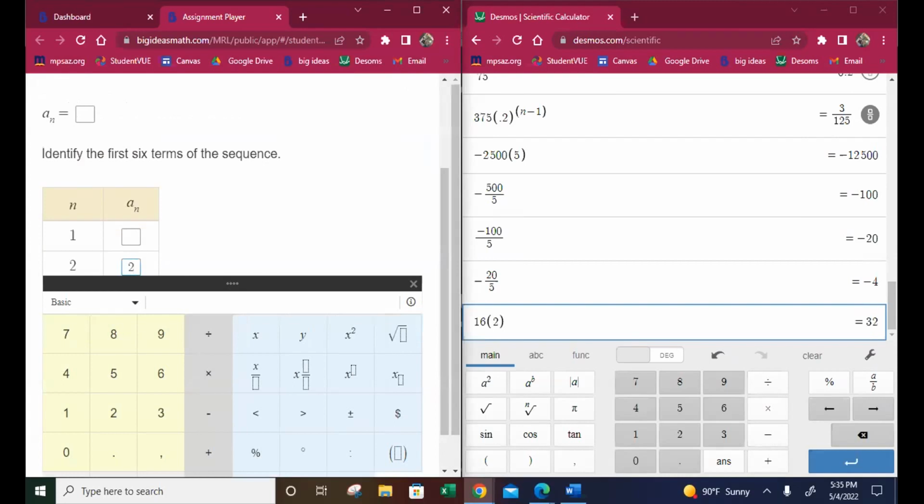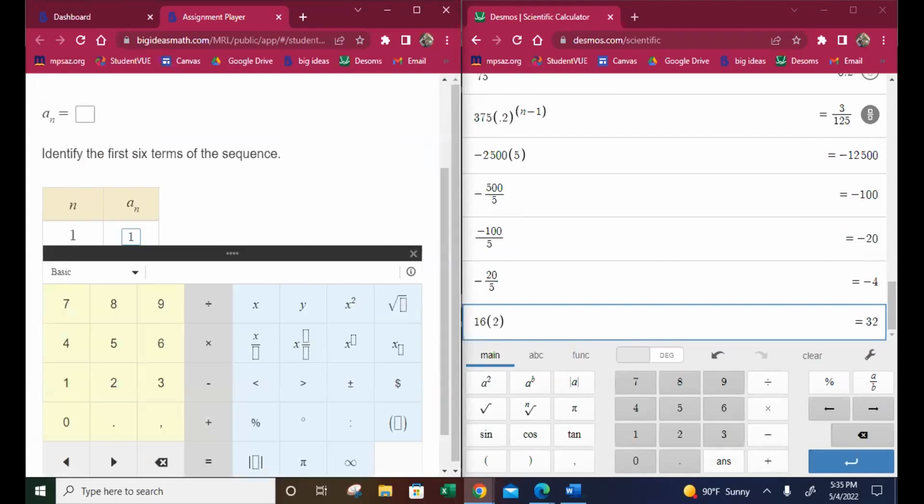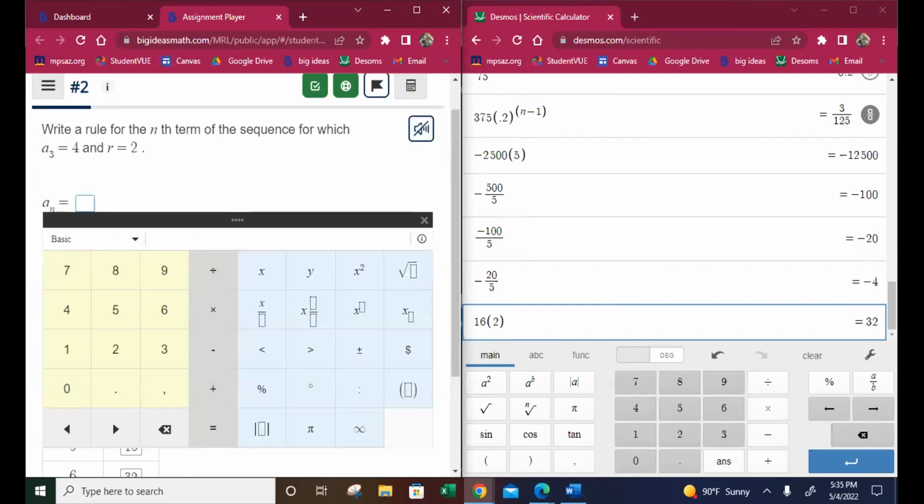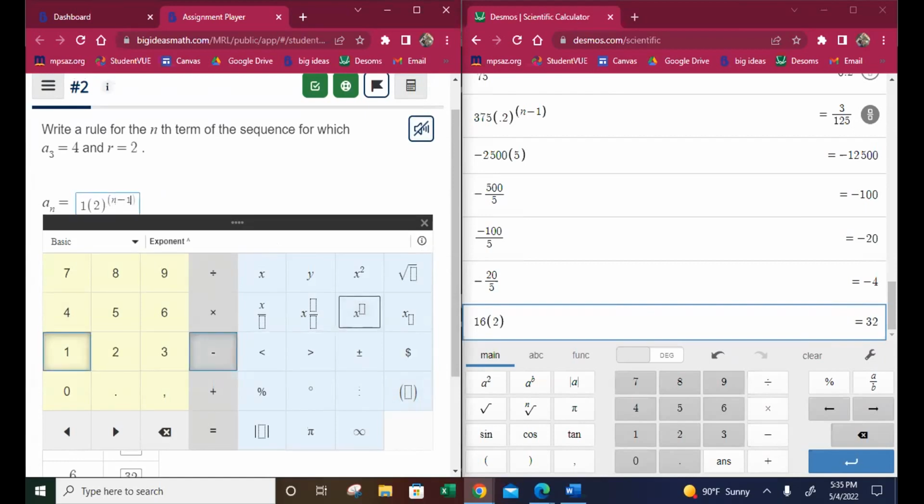That gives you 2, and then 2 divided by 2 is 1. The AN is your first term, which is 1, parentheses, your R value, to the power of n minus 1. Perfect.